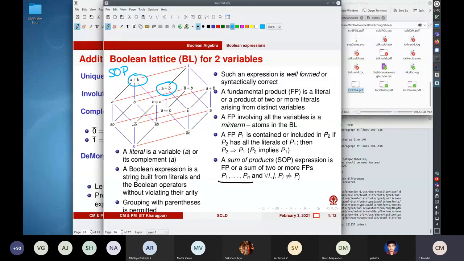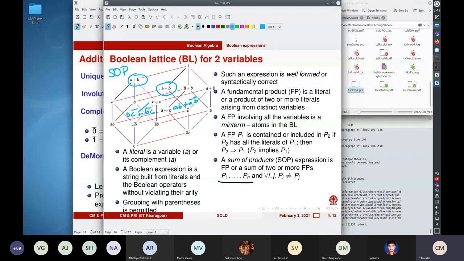You have got some shorthands here, and this is just a compact representation of these expressions.